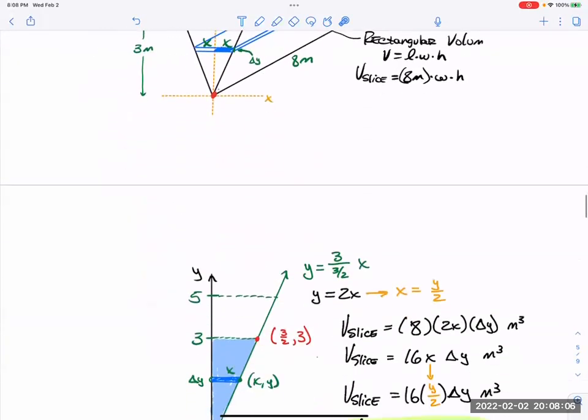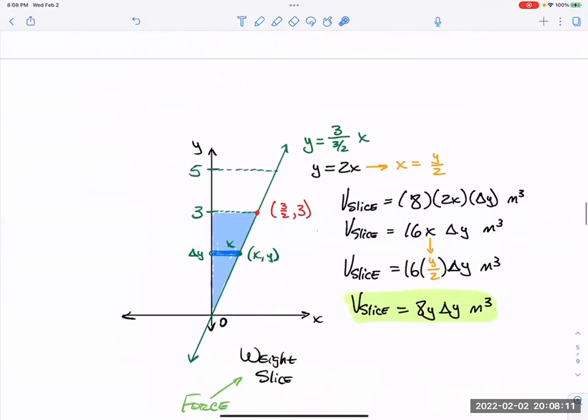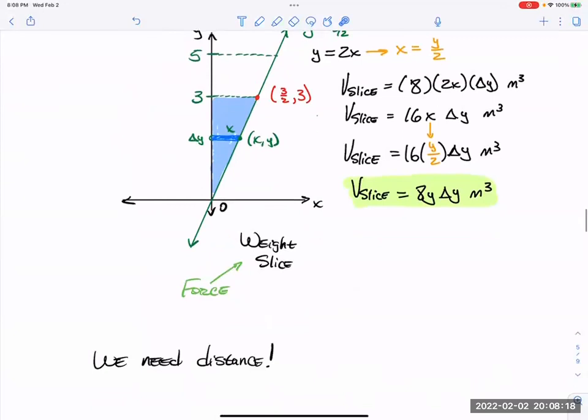So we've broken it down where we said, okay, we modeled our slice with this function. Now we got the volume of the slice. Everything is in terms of y. But now we have to go here and say, okay, what's our force? Our force is the weight of the slice. But the weight of the slice has to be the volume of the slice times the density of the slice.